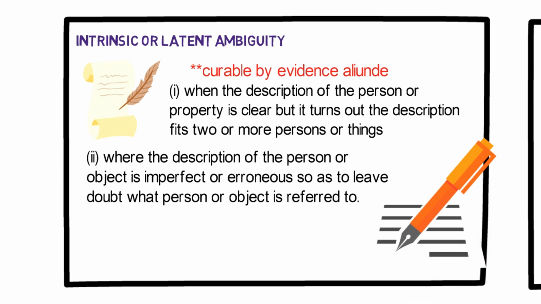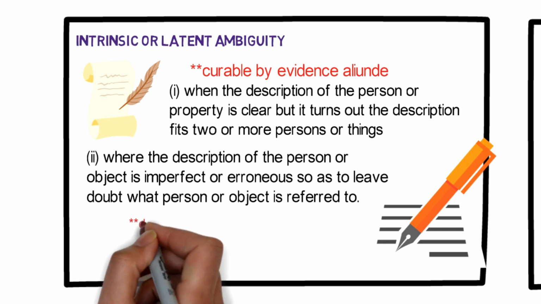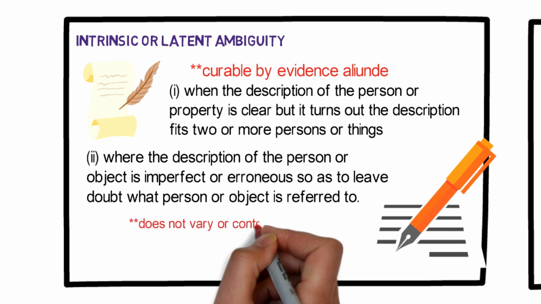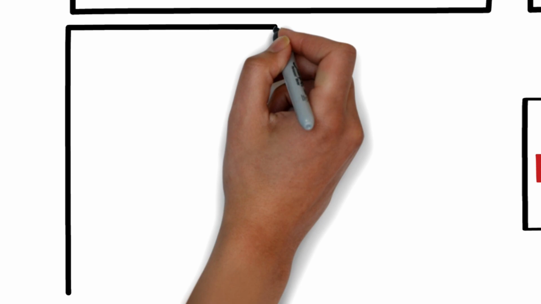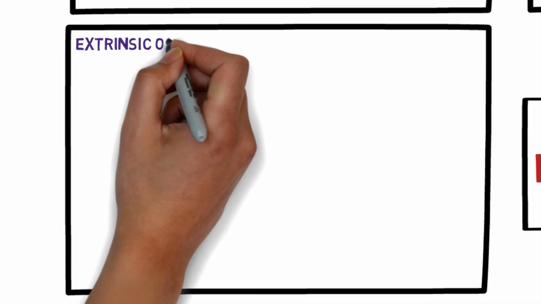Reason for the exception of intrinsic ambiguity to the parole evidence rule. The introduction of oral testimony does not vary or contradict the document, but it aids the court in ascertaining and interpreting the document, thereby enabling it to give effect and life to the document. Extrinsic or patent ambiguity.